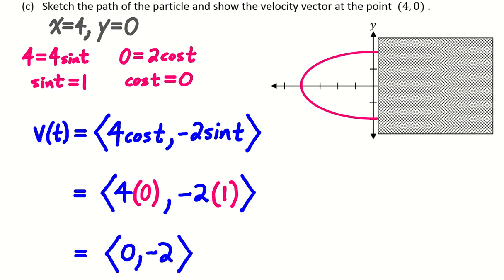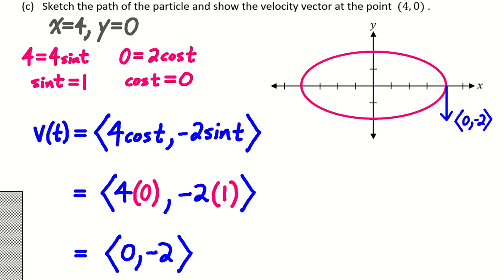Bottom line is, you end up with this velocity vector, and you're going to literally draw that vector at that point. This would be the standard representation, but in actuality, the particle is going directly down at that moment, based on this vector.